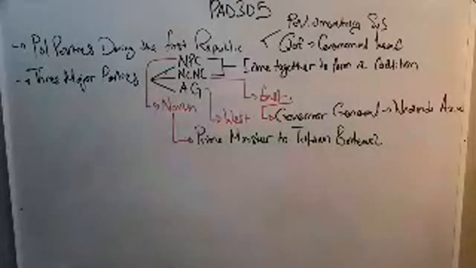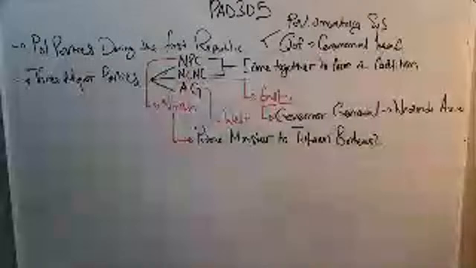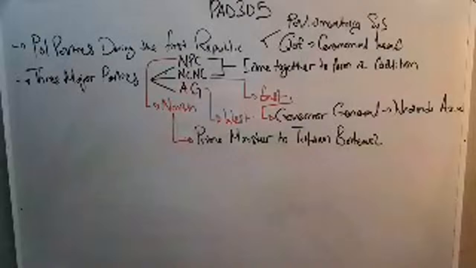NPC was seen as the party of the Hausa people, NCNC as the party of the Igbo, and AG as the party of the Yoruba. These parties therefore lacked nationwide appeal.